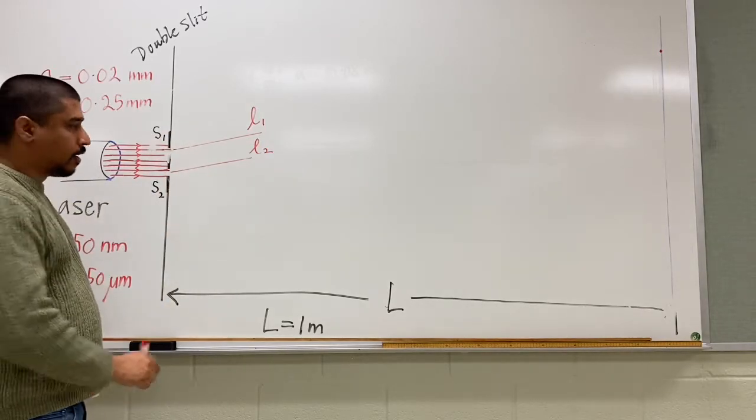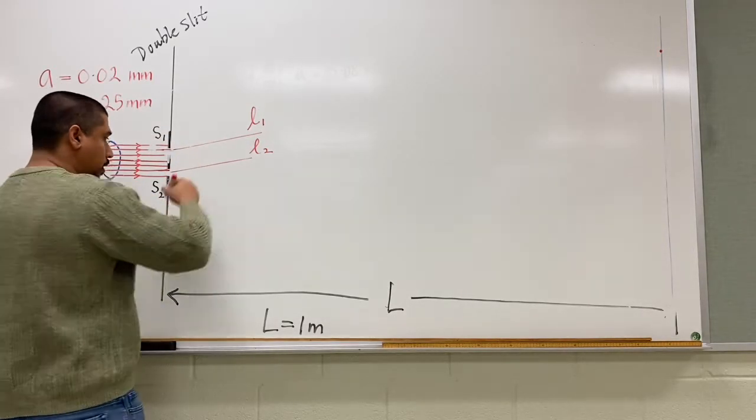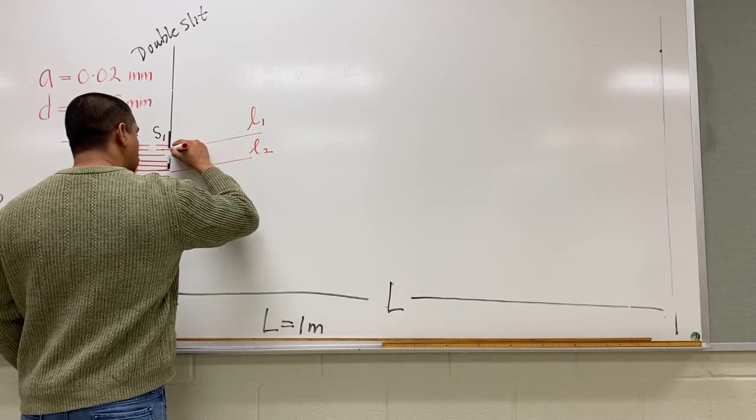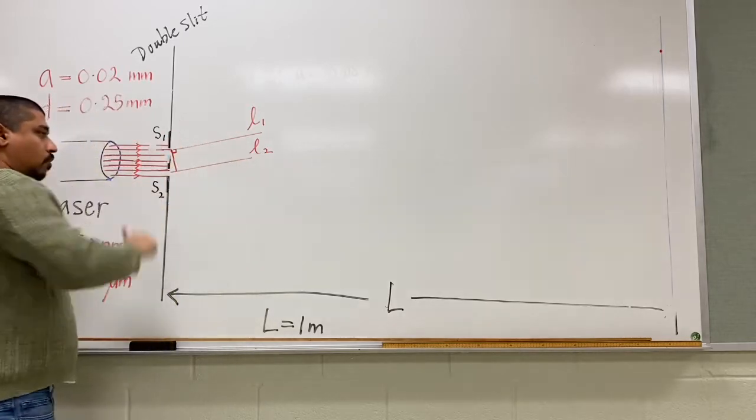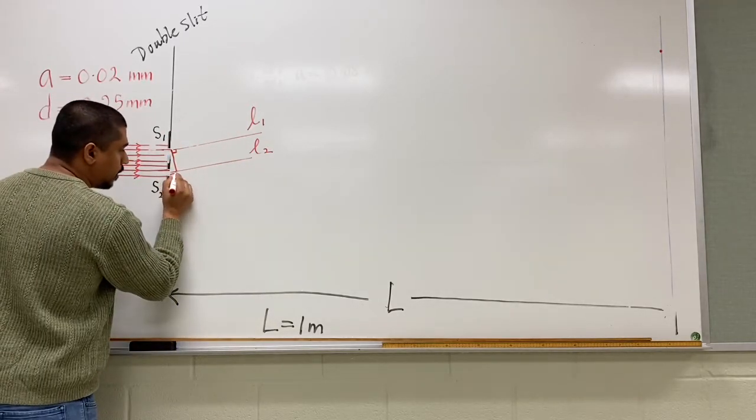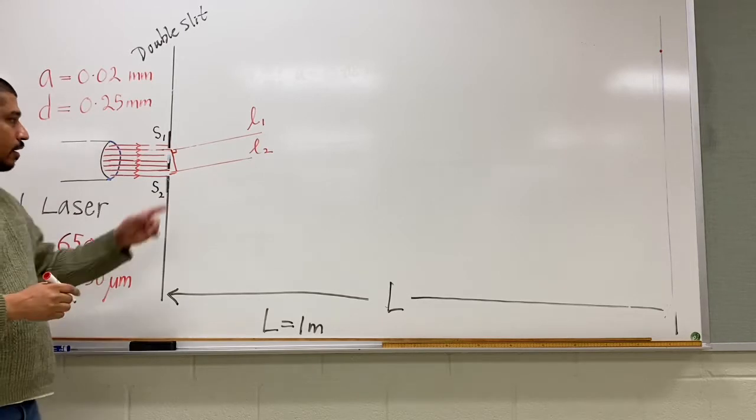How do I find that? If they are almost parallel to each other, if I draw a perpendicular line to this L1, this is the additional distance traveled by light ray 2.